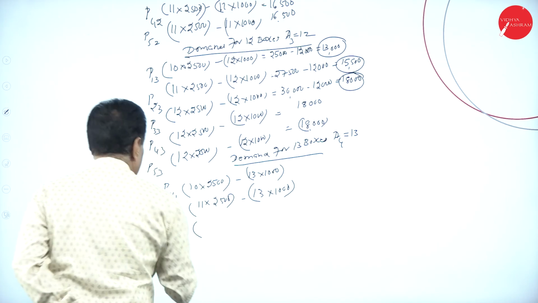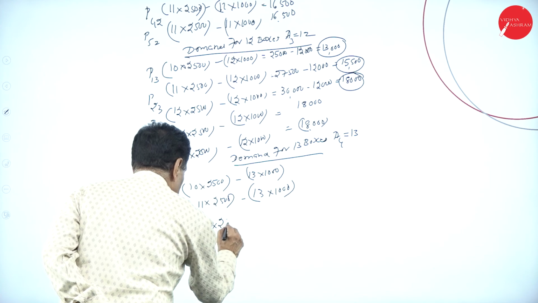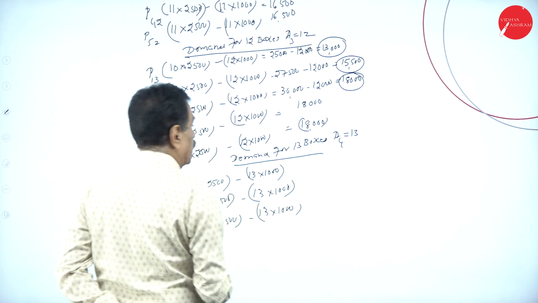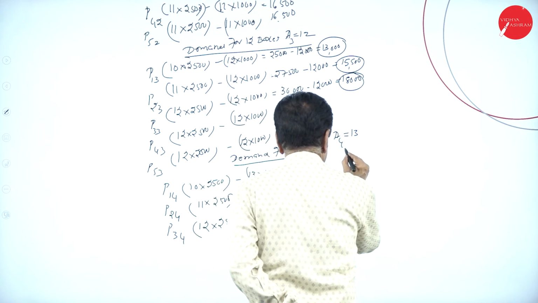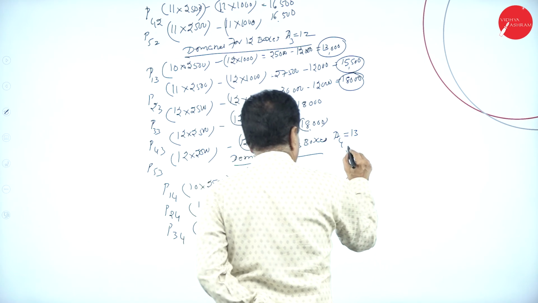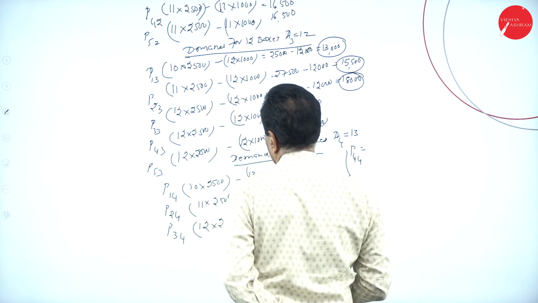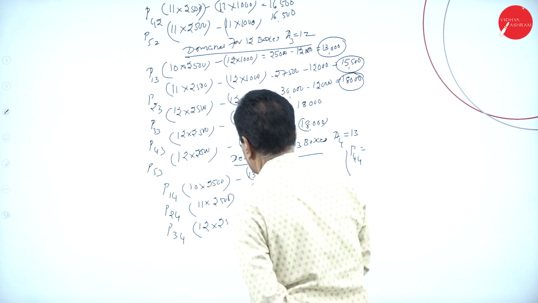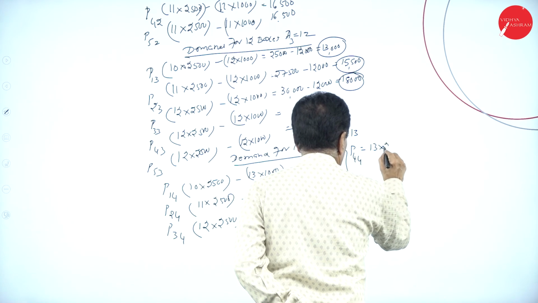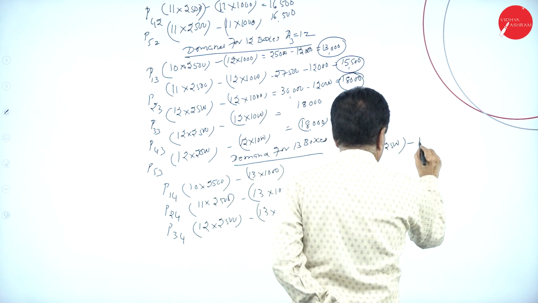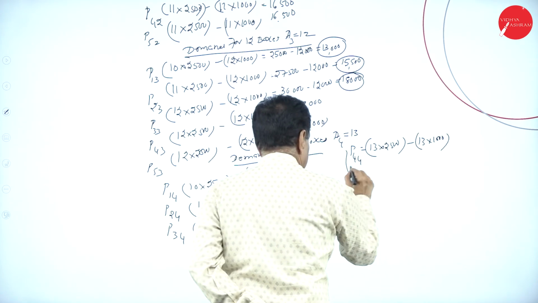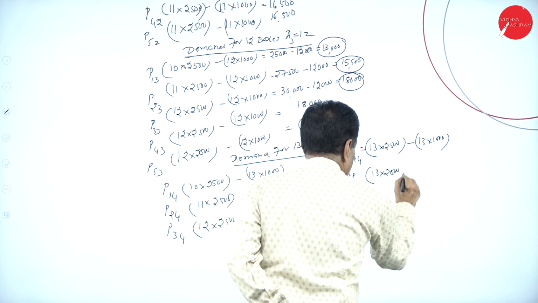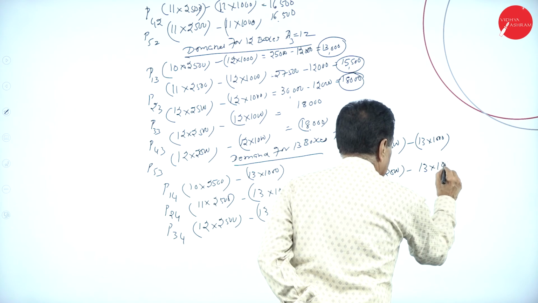P34: 12 into 2,500 minus 13 into 1,000. Then P44: 13 into 2,500 minus 13 into 1,000. P54: 13 into 2,500 minus 13 into 1,000.